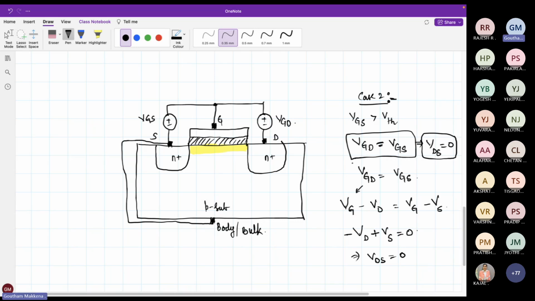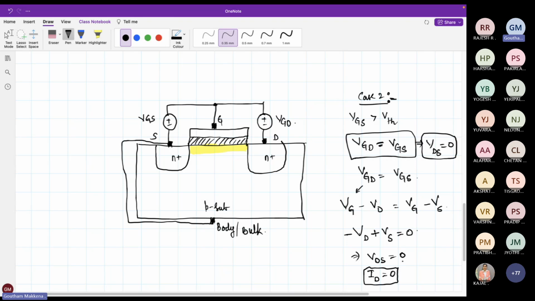So if VDS is equal to 0, will there be any current flow? What about ID? No VDS, no current. ID is equal to 0. Does that make any sense?